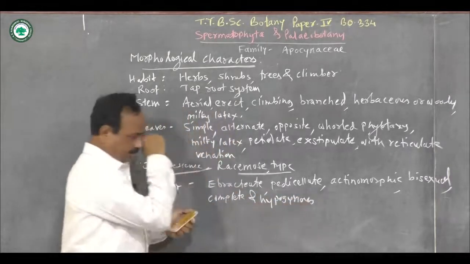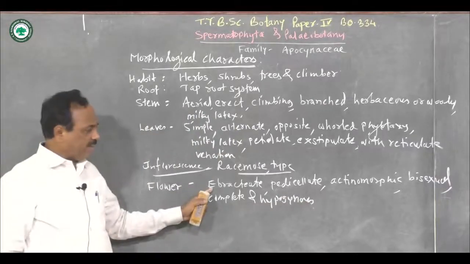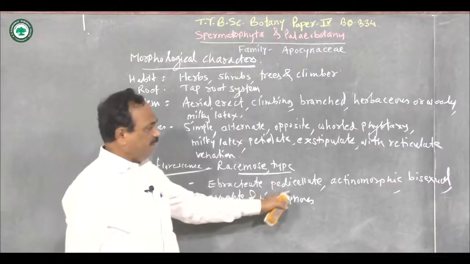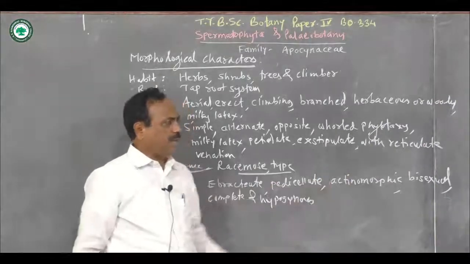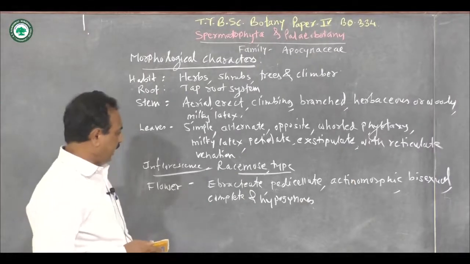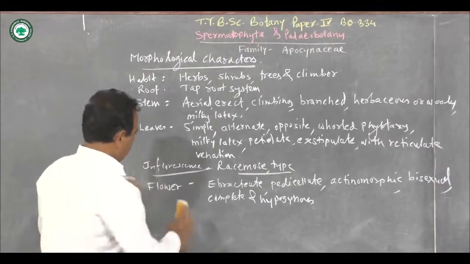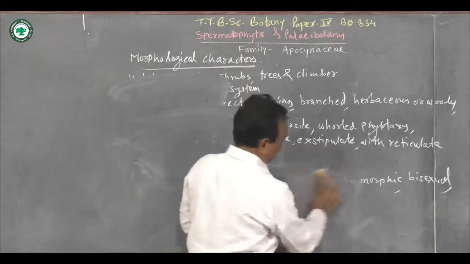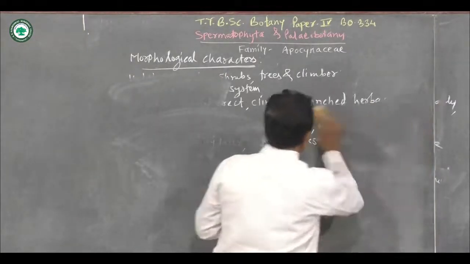So the flowers are without bract, ebracteate, having a short pedicel, pedicellate, actinomorphic, having both sexes, that is the androecium and gynoecium, complete and hypogynous. These are some of the morphological characters of this family.